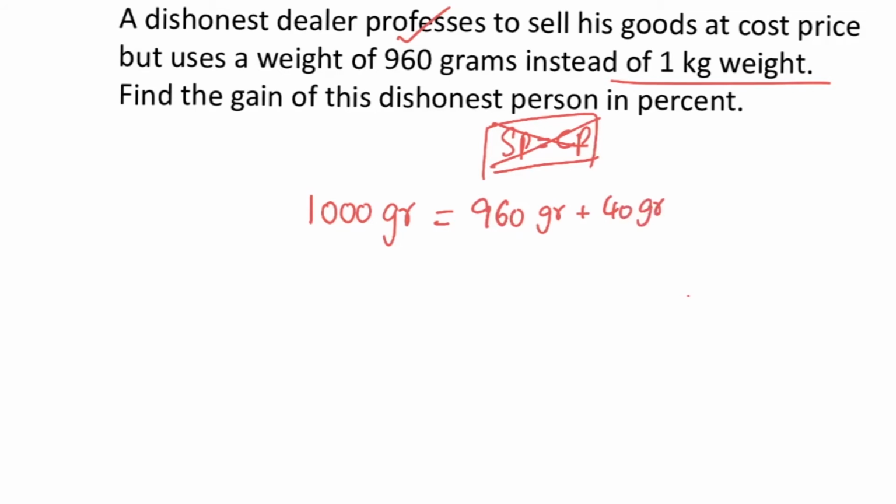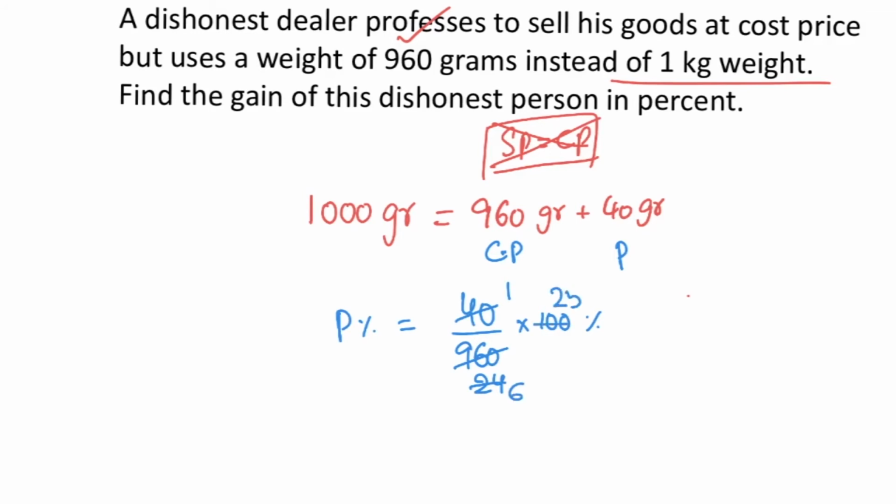So while selling, he is not actually selling 1 kg, he is selling 960 grams, that is his investment. His investment is 960 grams, his profit is 40 grams. Profit percent is equal to 40 divided by 960 into 100%. 40 ones are 40, 24 times 960. 4 sixes are 24, 25 times.